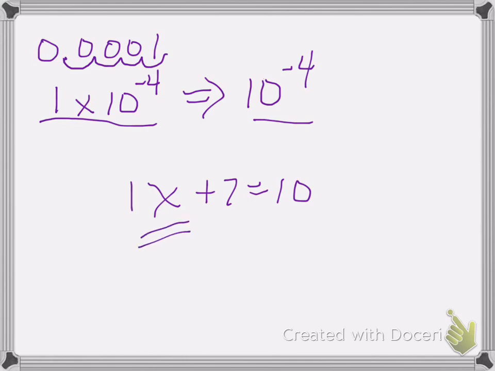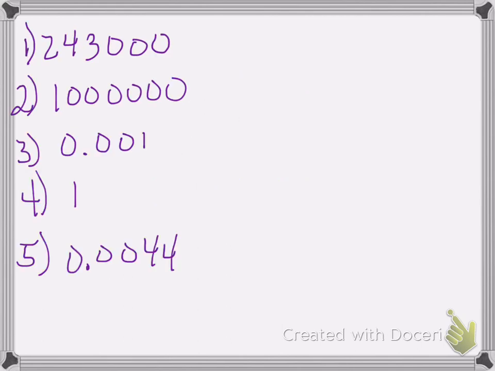I don't have to put the number 1 in front of the x to indicate that it's a 1x. It's understood to be 1, and so we can just leave the 1 out and solve for x in that way. So just like that, we can also write just 10 to the minus 4, and that means 1 times 10 to the minus 4 as a shorthand notation.